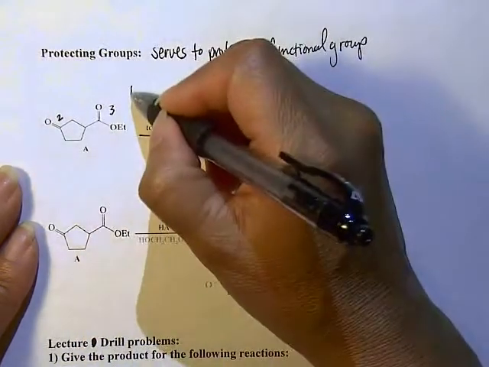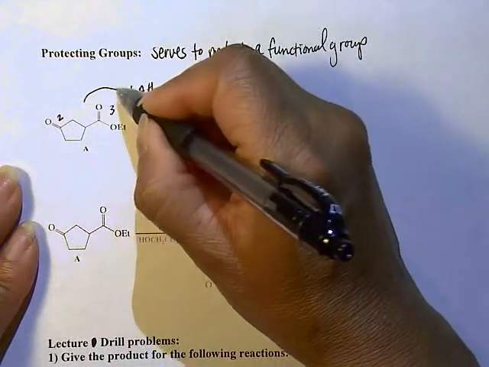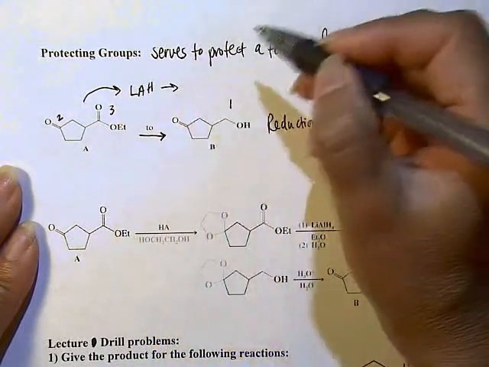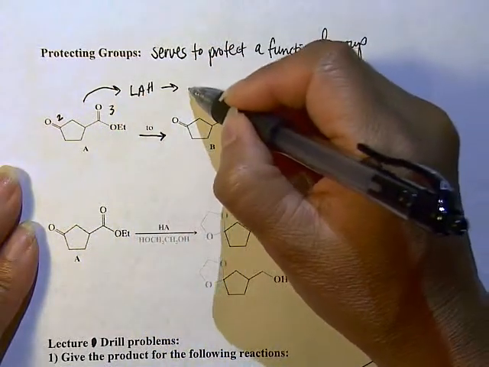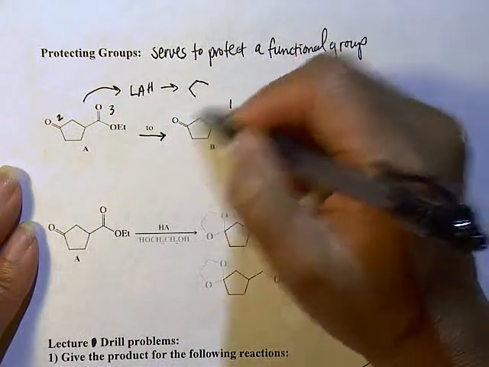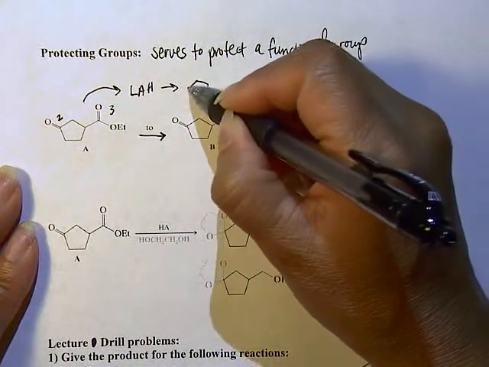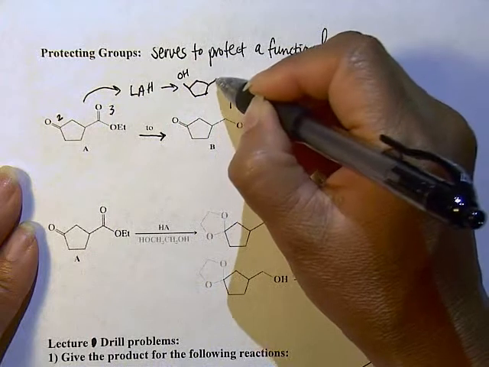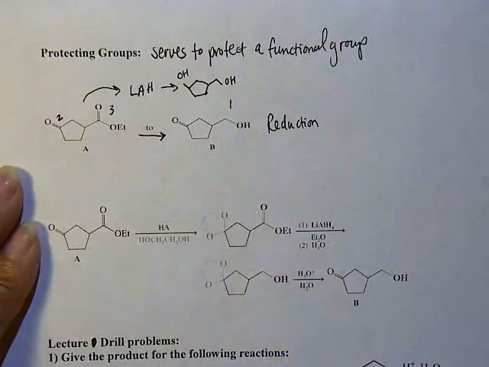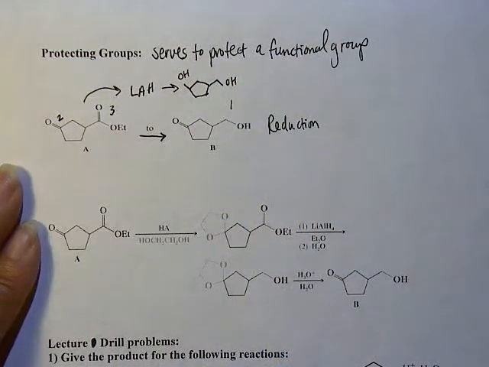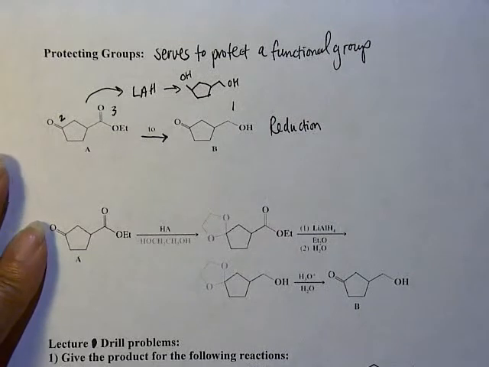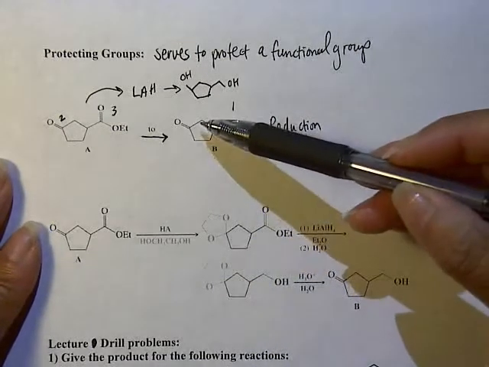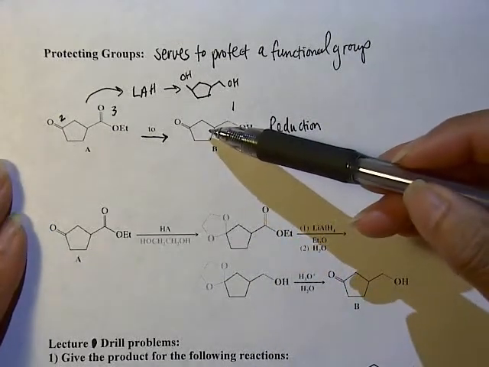So if I just took LAH and reacted it with this, then instead of what I want, I will get a reduction here and a reduction here. So I will get this diol as a product, but I don't want that. I want just this.